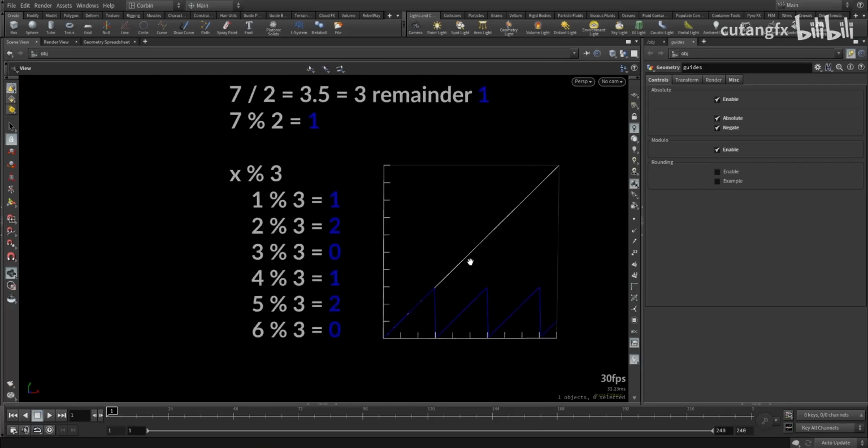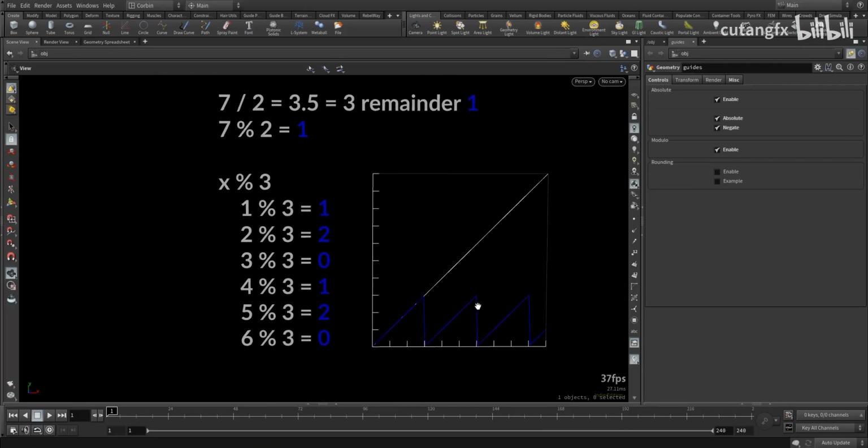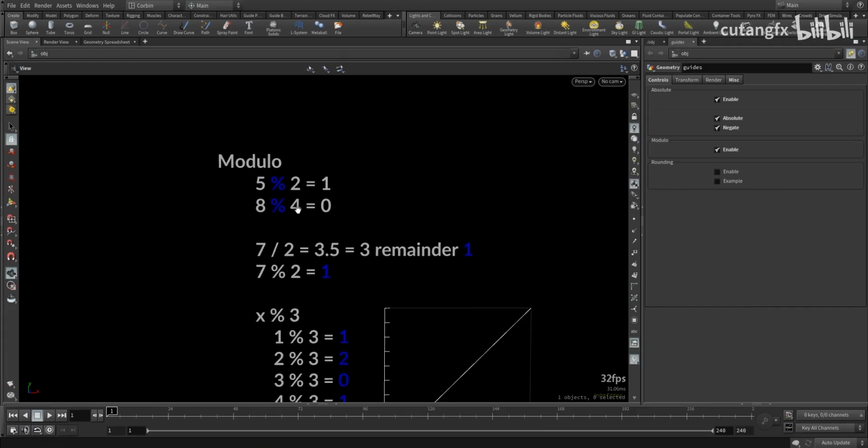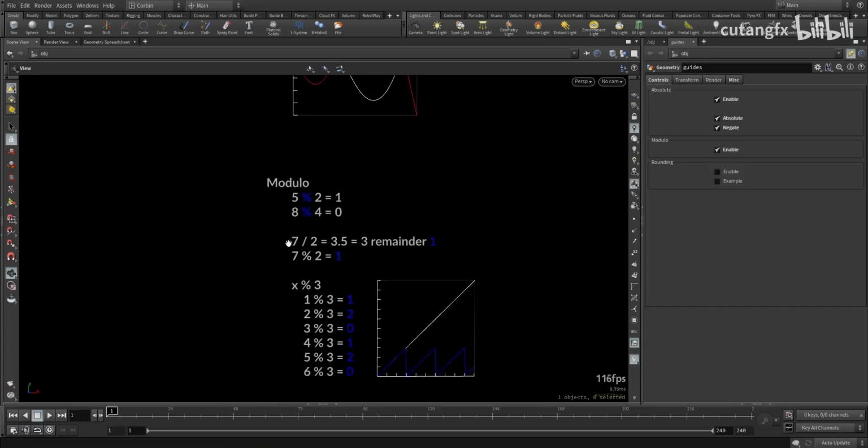Or maybe a rising glow attribute, so it's like a siren spinning around, or pulsing, glowing, and then jumping back to 0. Okay. Now this won't be smooth, it won't go up and then smoothly down. It's going to increase, increase, increase, and then jump back and reset, which sometimes is exactly what we want. So modulus is the way to achieve that.